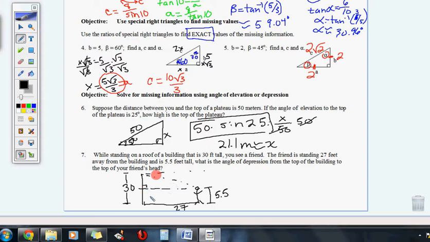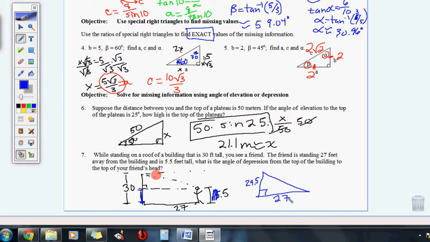So what you got to be careful of here, and I'm going to redraw this in blue, is we're actually looking at a right triangle that looks like this, where this distance is actually 30 minus 5.5, which is actually 24.5, because this distance right here is the 5.5 discussed here. So this distance, definitely not to scale, is 24.5.